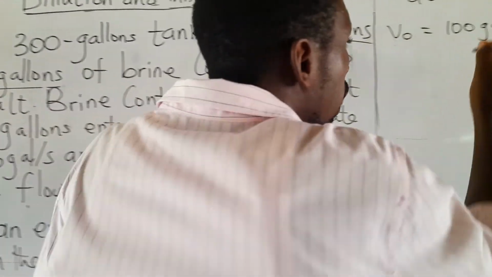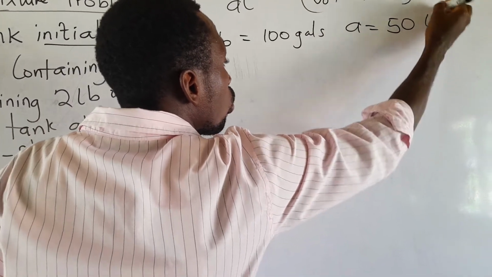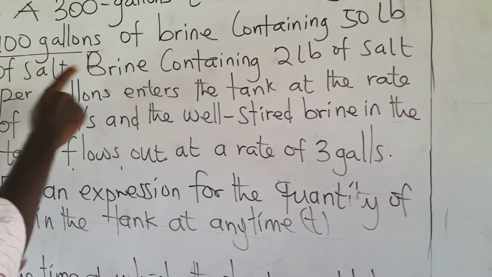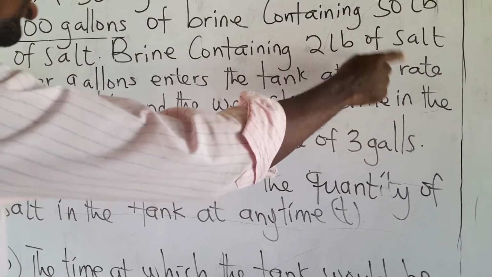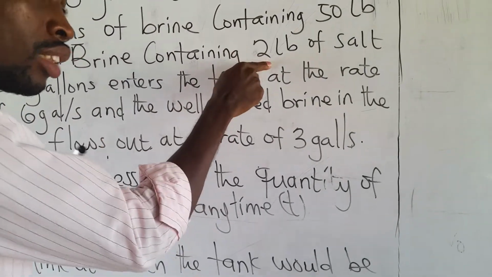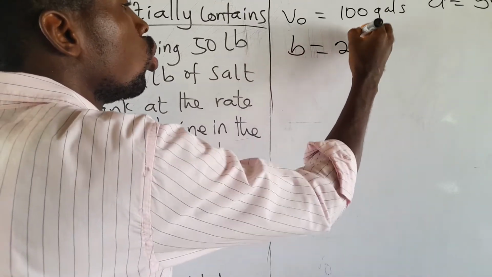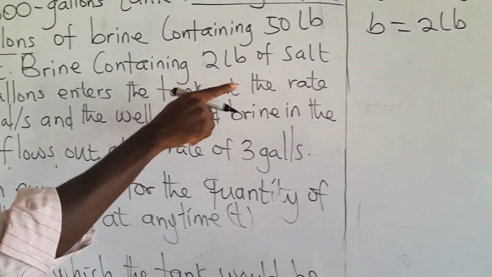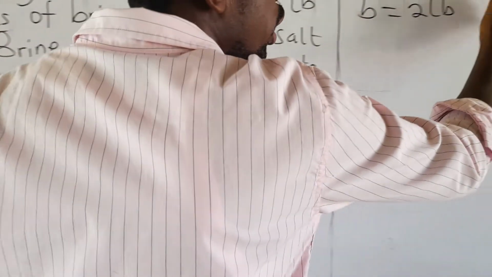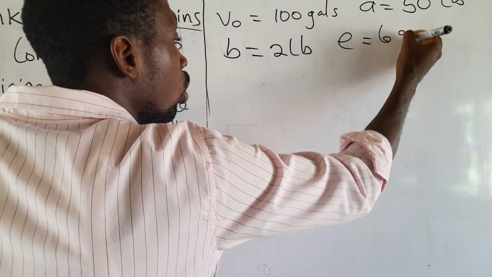So we can say that's our A. Our A is equal to 50 pounds of salt. Then a brine containing 2 pounds of salt per gallon enters the tank. So these 2 pounds will be our B. We say B is equal to 2 pounds. At what rate? At a rate of 6 gallons per second. So that's our E, the rate at which it enters. So E is equal to 6 gallons per second.